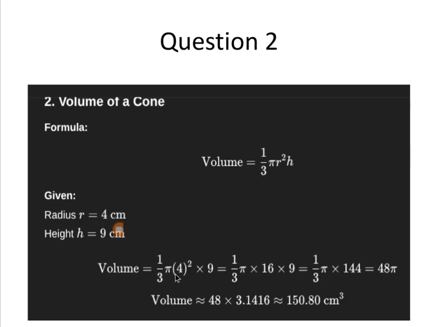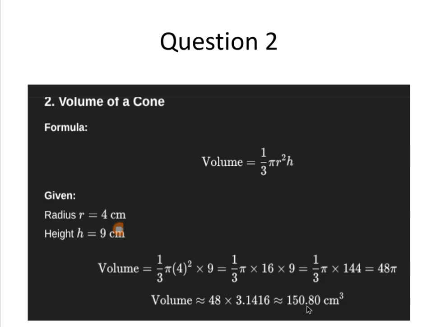So a third times pi times 4 squared times 9 equals a third times pi times 16 times 9. If you simplify this in the calculator, you end up getting a third pi times 144, which equals 48 pi.